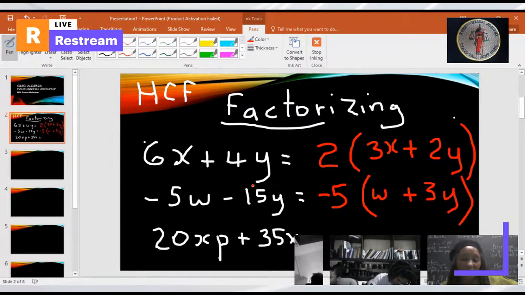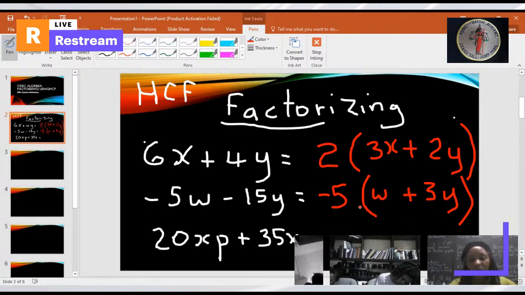Let me show you what I mean. For the 6x plus 4y, after we have factorized, we should be able to expand it, use the distributive law, and get back the original thing. So 2 times 3x gives us back the 6x. 2 times 2y gives us back the 4y.